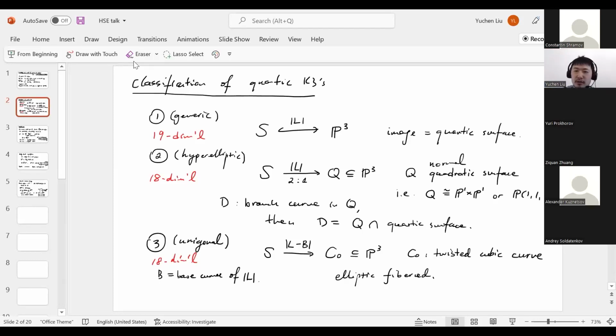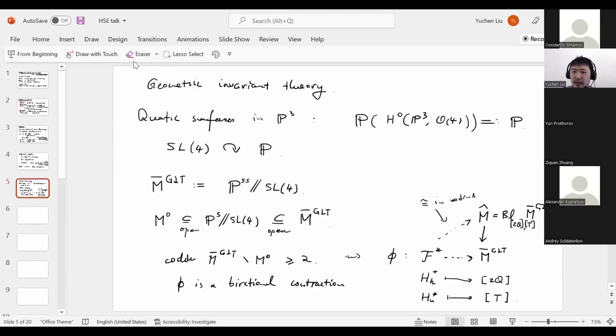So maybe I should say over here that I'm blowing up Q. Here Q is a smooth quadratic surface. Yeah, so you don't see this 17-dimensional locus, which is a double cover of the quadratic cone, in M hat, but it appears in F star. So you somehow need to flip them, and this is exactly what we want to do.